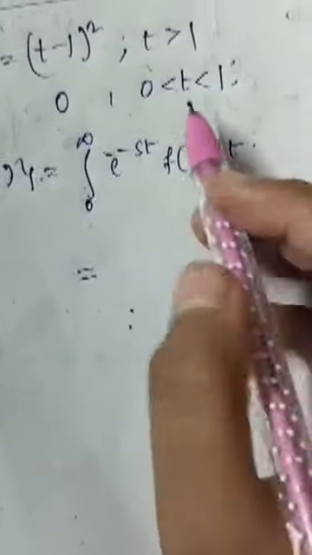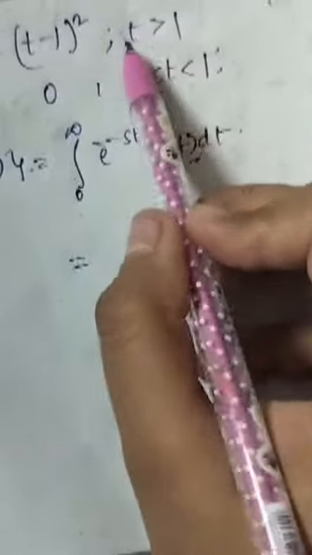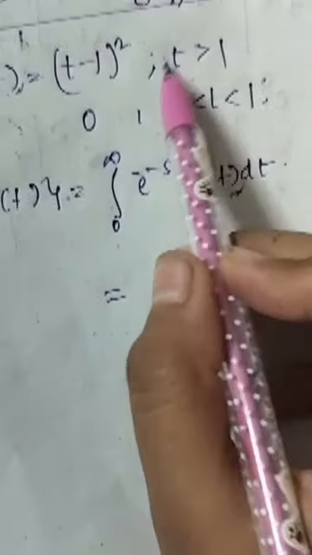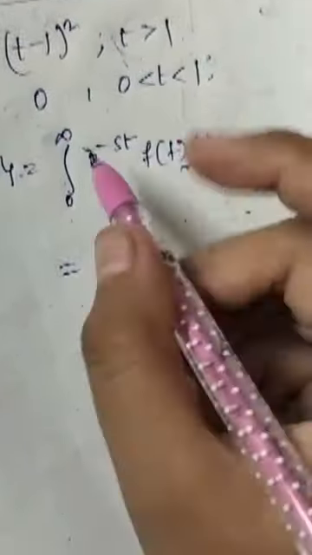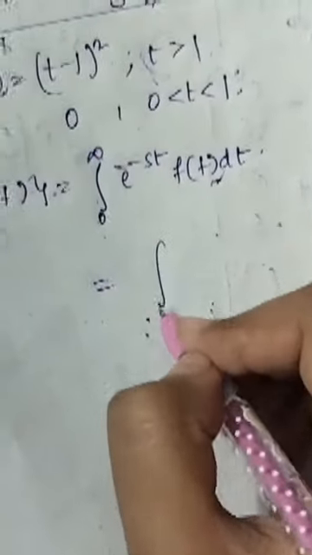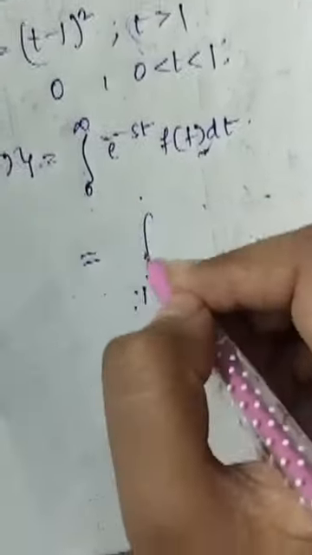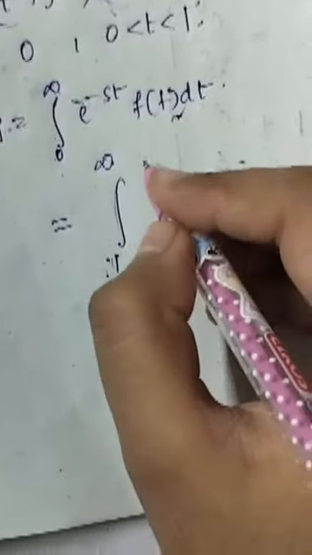Now here t greater than 1 means there is no ending, so we'll be writing like this: integral 1 to infinity, what function they have given, t minus 1 whole square.